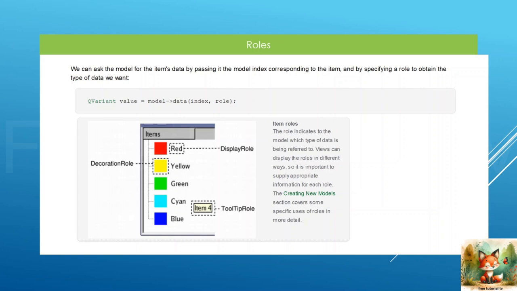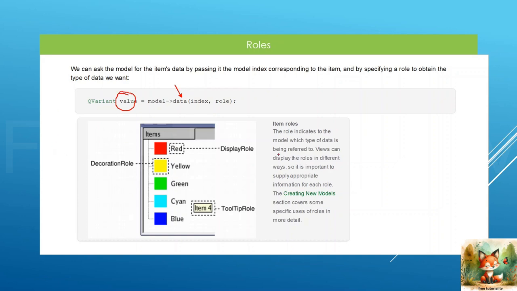Another thing we had a chance to talk about is the concept of roles, and this allows us to read different pieces of data from a model. And here we have a screenshot from the Qt documentation really explaining this. We might read data from our model using the data method, and this value we get can contain multiple pieces of data at any given moment.